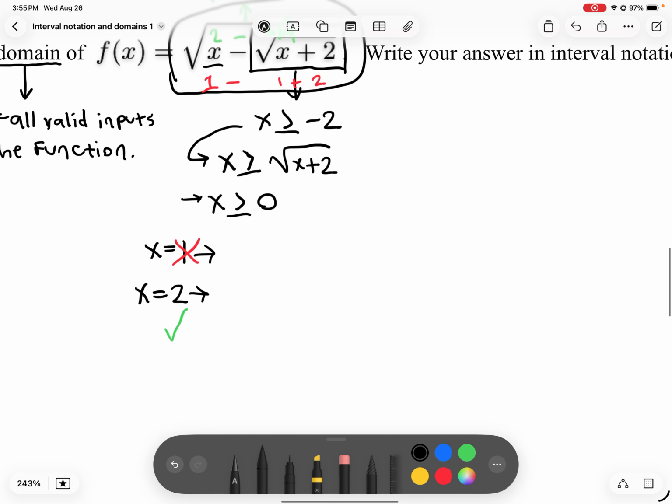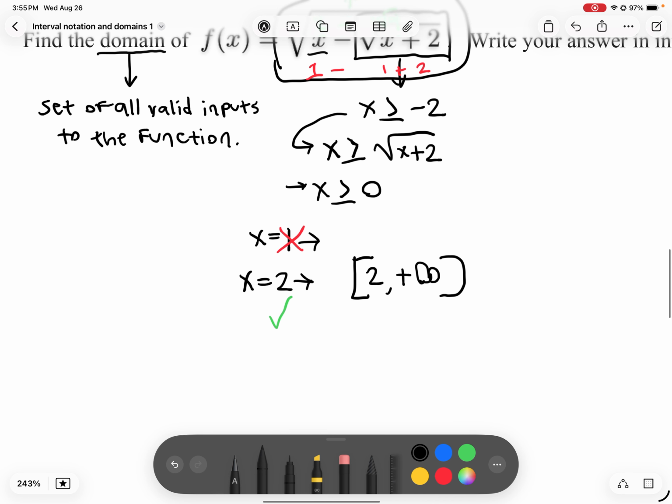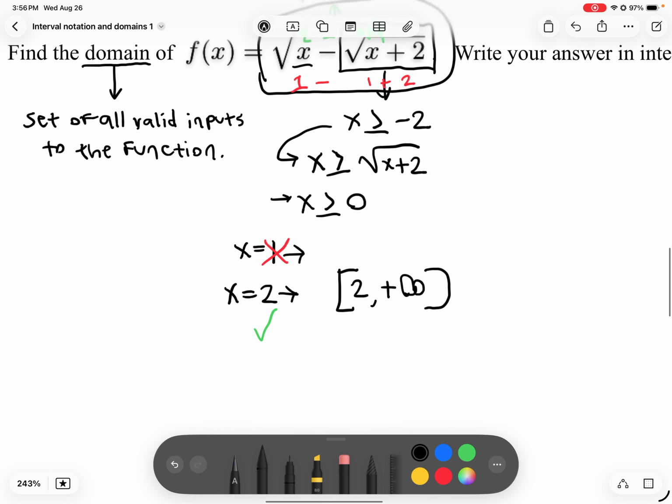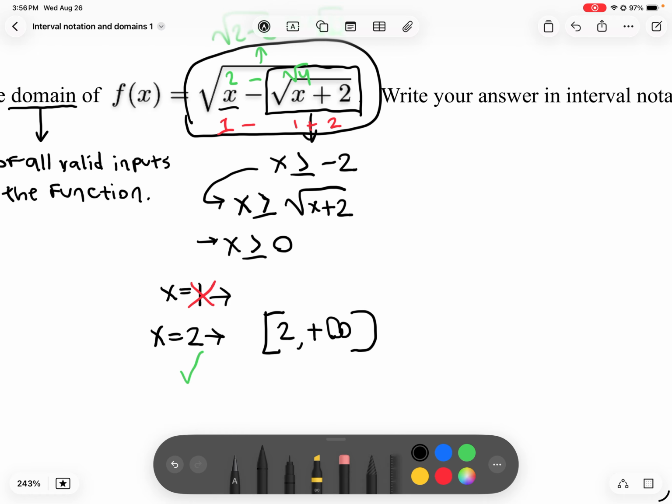If we want to represent all values of x, including 2, and going all the way up to infinity, we would write square bracket 2, comma, positive infinity, and then a rounded parenthesis there. We always use a parenthesis for the infinity because technically infinity is not actually a number.